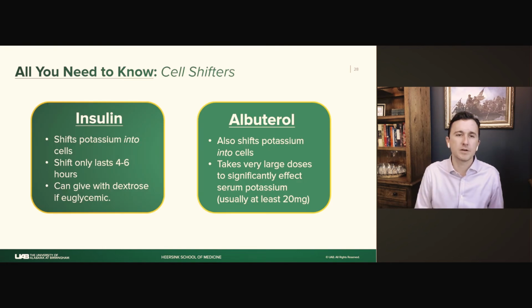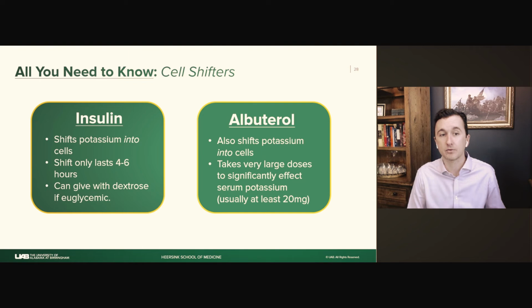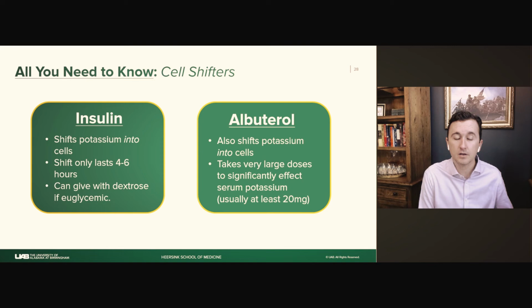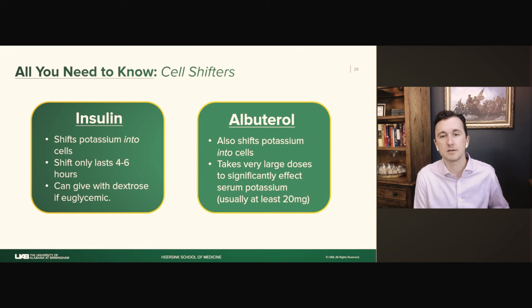Okay, so let's talk briefly about the cell shifters. So again, insulin and albuterol will shift potassium into the cells, though this effect only lasts for a couple of hours. When it comes to insulin, just like with our diuretics, if a patient's euvolemic, you can give fluids with it. If a patient is euglycemic, you can give, or often should give, dextrose with the insulin.